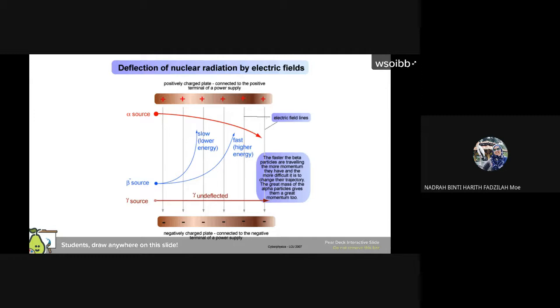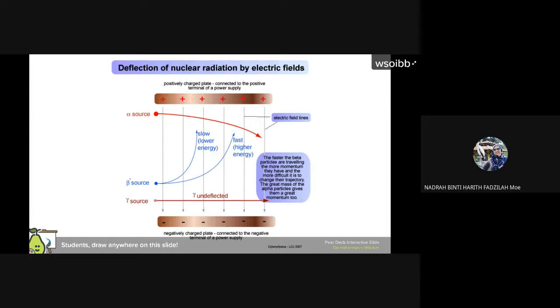So since the alpha ray is slightly heavier, its deflection towards the negative charged plate is rather slow, because of its heaviness when compared to the beta source.